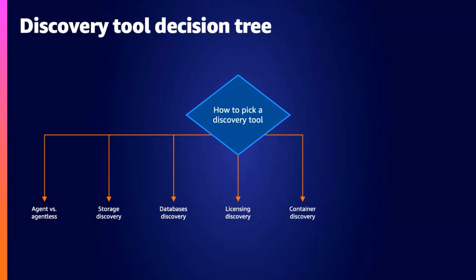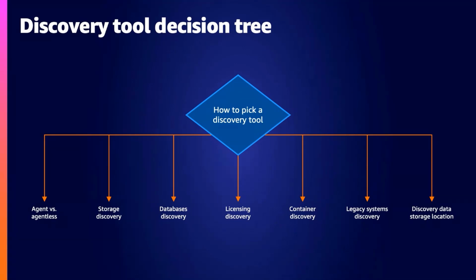Can it discover containerized applications? And how about legacy systems such as mainframes, or even less common operating systems like AIX and Solaris? Once it discovers the data, it's also important to know where the information is stored and to make sure that your InfoSec team is okay to share this information with external vendors. To help you decide, we recently launched this prescriptive guidance page to help you make those decisions very easily.